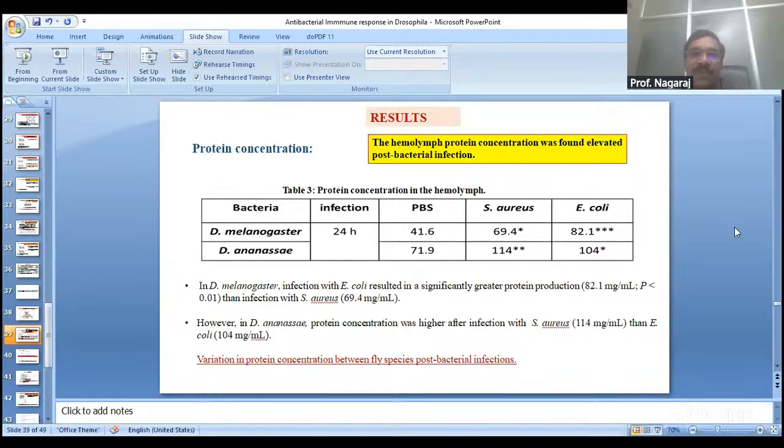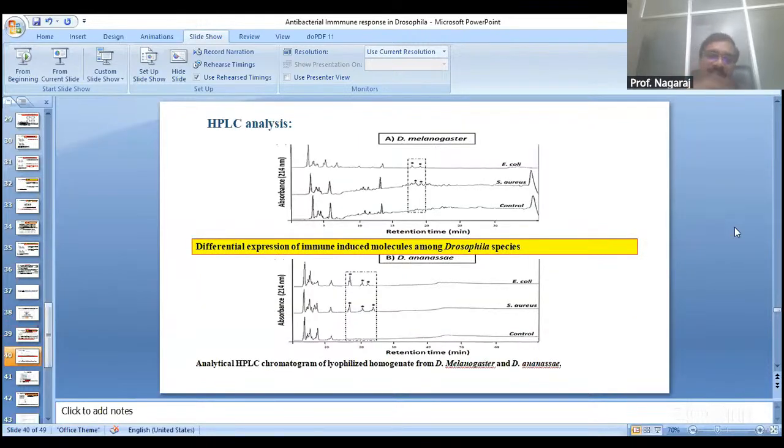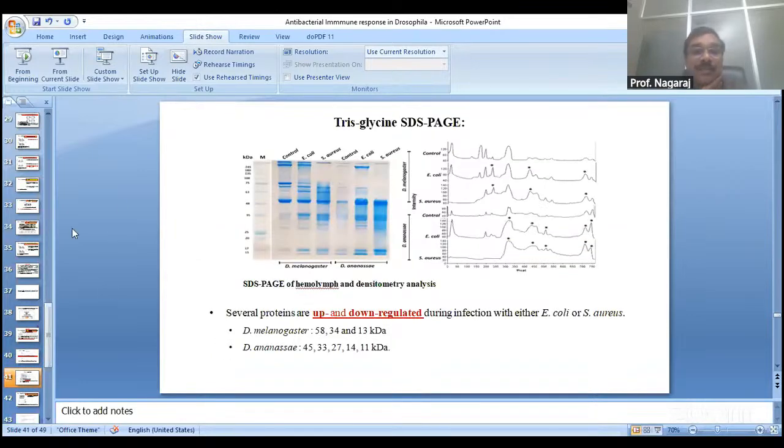After this, we moved on to analyze what exactly the specific proteins expressed in different species. We come across what is called differential expression of immune-induced molecules, AMPs, among Drosophila species. And what you are seeing is this HPLC chromatogram. This is the E. coli and SRAS and control. This is a melanogaster species and NNSA species, what you are seeing here. And the spectrum is different, from which we selected specific protein components and analyzed by SDS page electrophoresis of the hemolymph and densitometers.